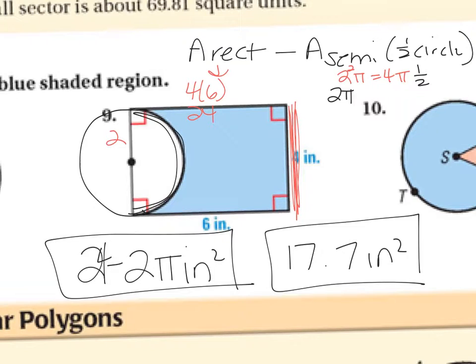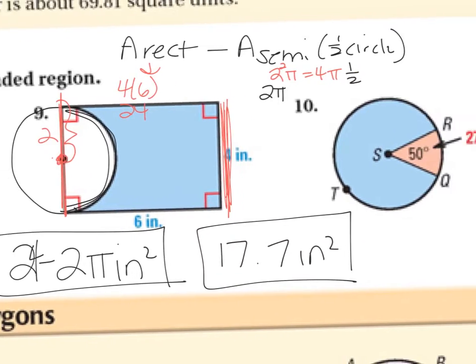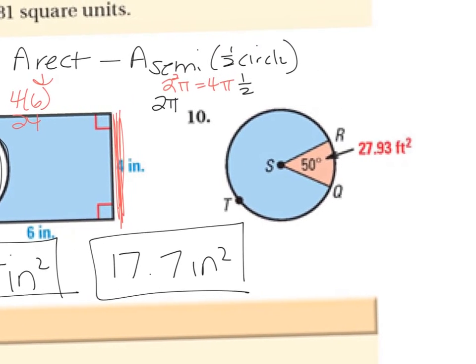This segment over here, the diameter, would have been 4, which means the radius would just be half of it, which would be 2. And then I could have found the area of that whole circle, which would have been 4 pi, because pi times 2 squared. And then cut it in half because it's only half the circle. You should have gotten the same thing either way, because 180 over 360 would have reduced to 1/2.